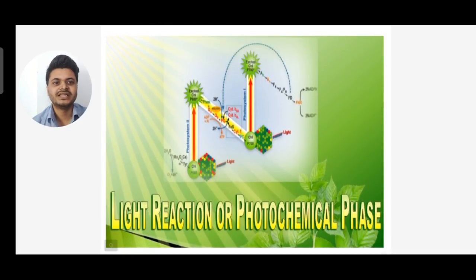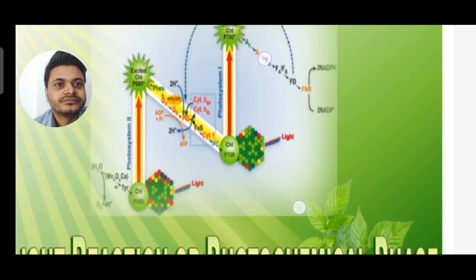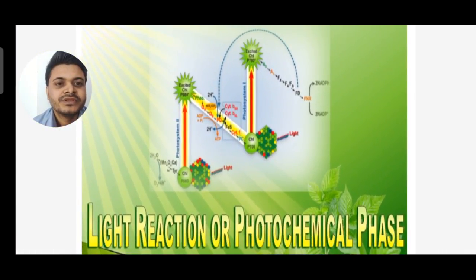So this is the light reaction or photochemical phase, and this is a cyclic reaction. You can see photosystem 1 is there.